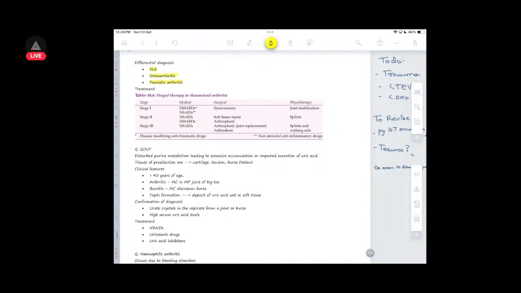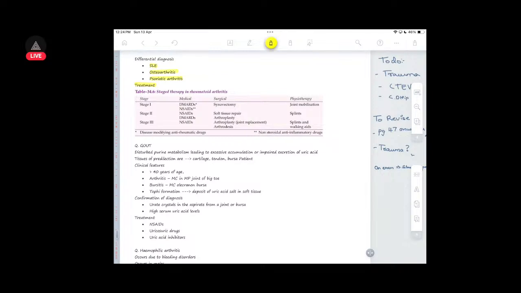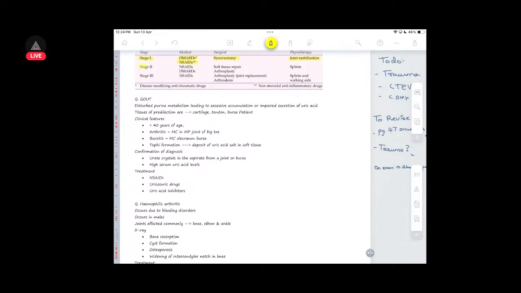So treatment, you have staged therapy. In stage 1 you can give DMARDs and NSAIDs, and synovectomy you can do, and joint mobilization can be done. Stage 2, you have NSAIDs, DMARDs, soft tissue repair and arthroplasty can be done, and splints can be provided.